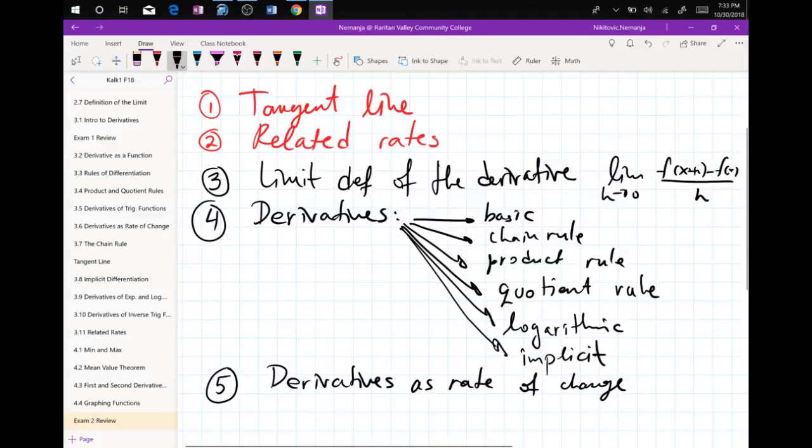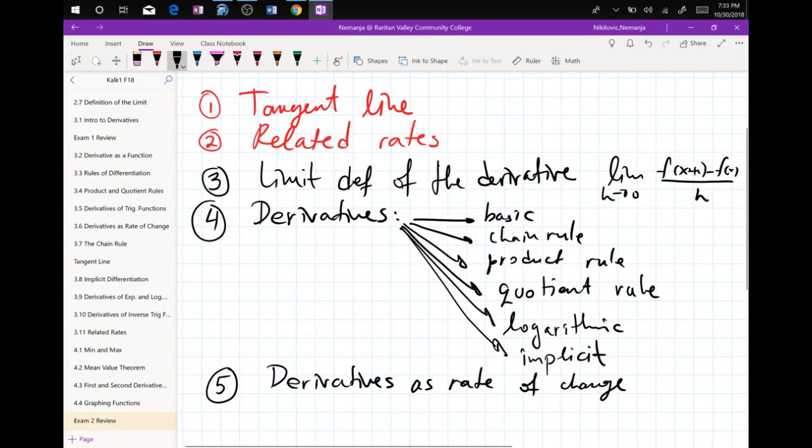We also had the business problem when we did the marginal cost, average cost analysis to figure out whether production was set up well and whether we should keep our business model, right, or change stuff in the factory and so on, which is what Musk is dealing with constantly with his Tesla production. Model 3, headache from day one, still going on. So that's those. Please observe that the tangent line and related rates are red.